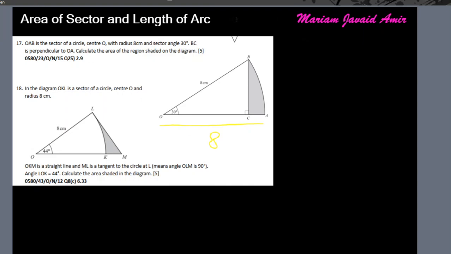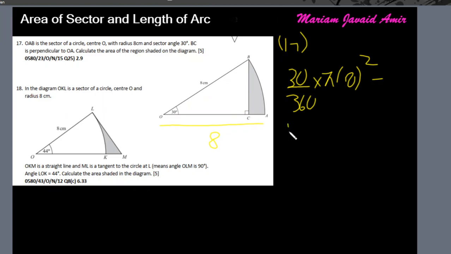The area of the shaded region is simply the complete area, since it's a sector, that would be 30 over 360 into pi radius square, and then from it we subtract the area of this triangle, which is half times base OC, which we don't know, and the height BC, which we don't know either.